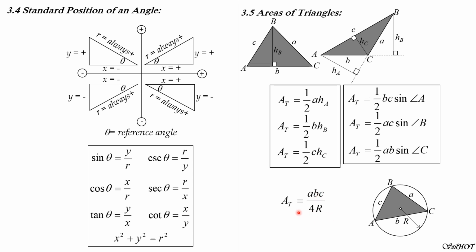It is still 1/2 BC sine angle A. And let's show in plane geometry that sine angle A is equal to A over 2R, or A over the diameter of the circumscribing circle. In the meantime, let's just accept that, and I think you're also familiar with that formula.